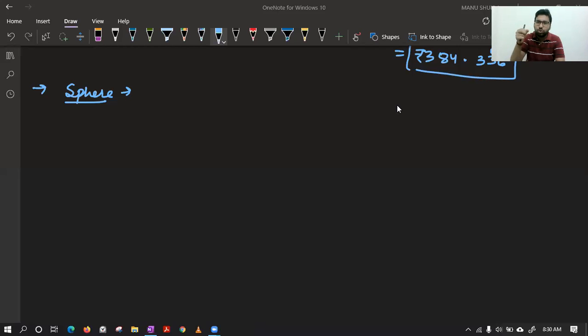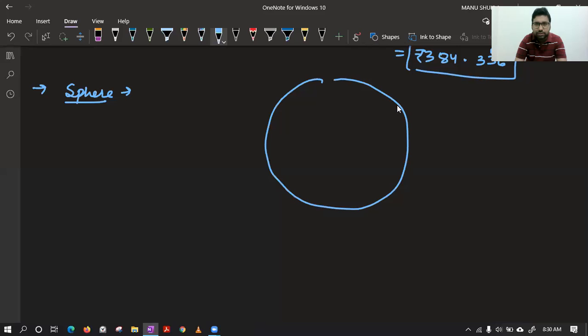That coin, if you rotate on the desk, becomes the shape of a sphere. Now the diagram of a sphere is not this. If you want to show a sphere, you need to show this sort of thing. It shows that there is some depth inside.